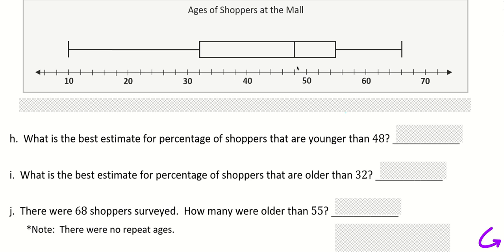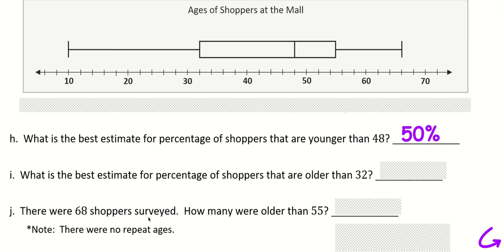If we know that 48 was in the middle, the percentage that were younger than that, remember, is half. If the median's in the middle, half the numbers are younger than 48.